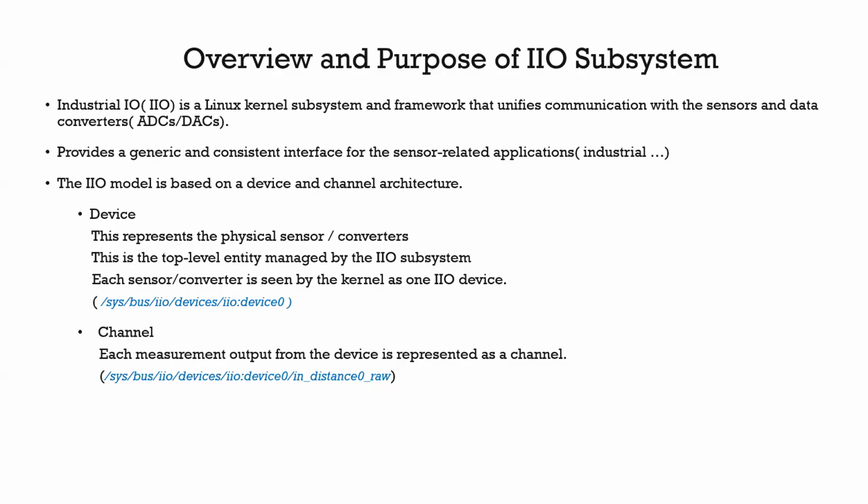We cannot create multiple channels for it because physically it contains one channel. The same channel we map to our software, and it gets exposed to user space, and a user space application can read the distance via this path. So it has only distance 0, no distance 1 here.